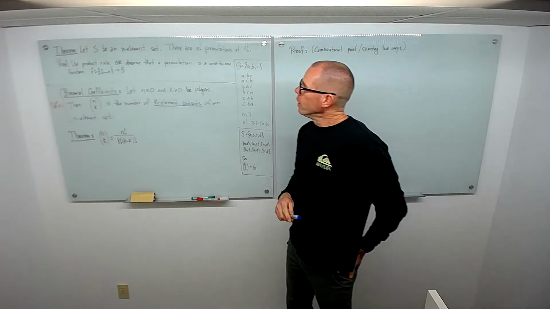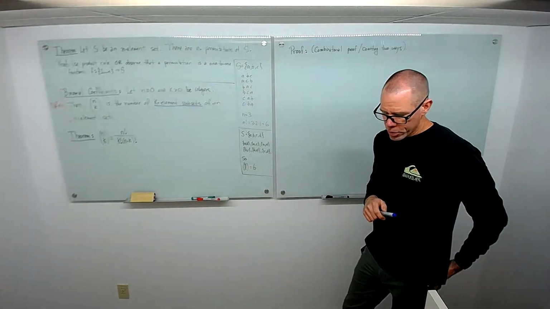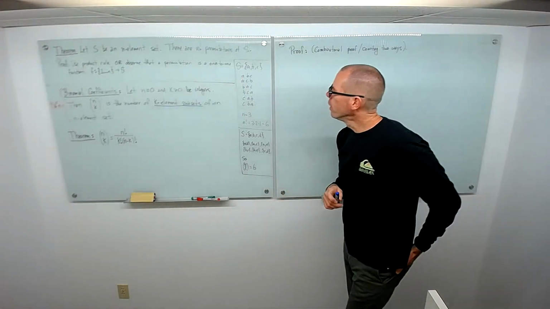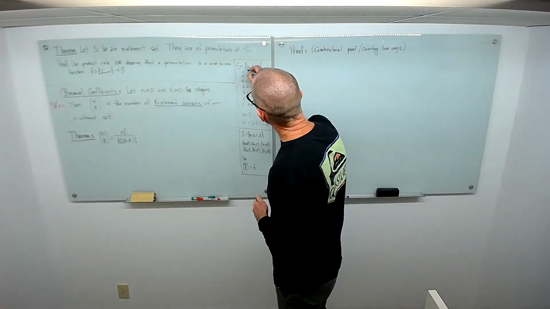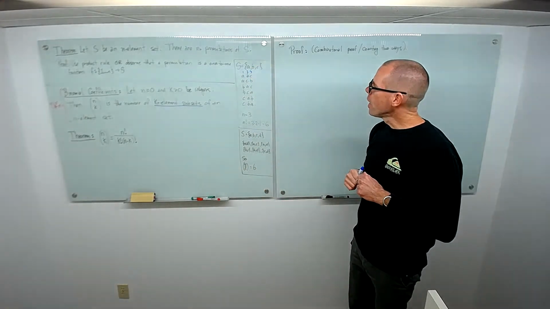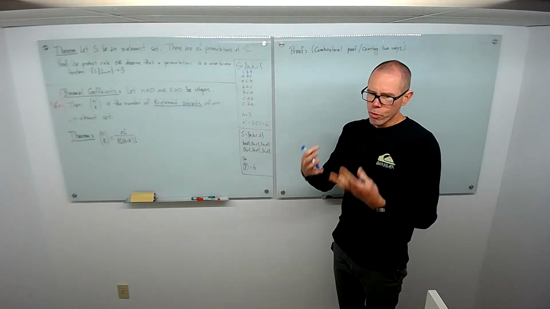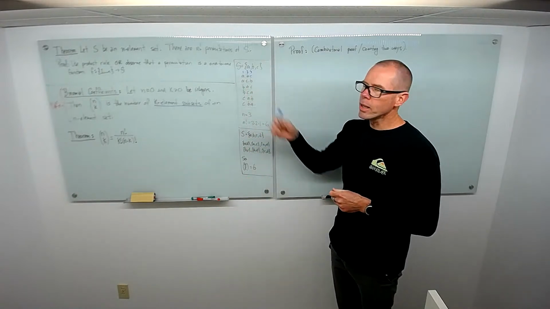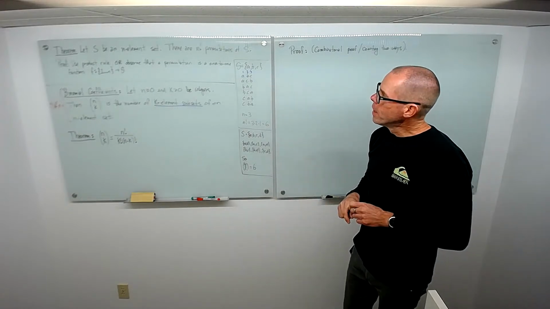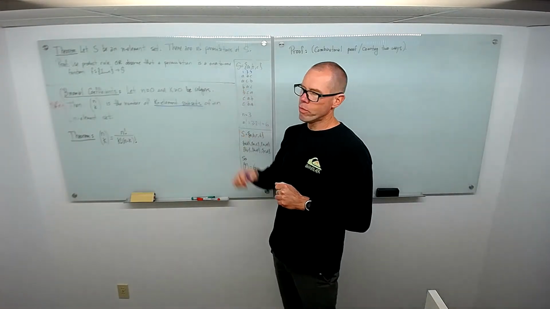Another way to see it is to observe that a permutation is a function from 1 to n onto the set. How is that? Well, just look. When I write down a permutation, that's a sequence of length n, and so for the first thing in that sequence, there's something in the set S. For the second thing in that sequence, there's something in the set S. And for the third thing in the sequence, there's something in the set S. And because it's a permutation, everything in S appears exactly once, it means it's a one-to-one function.